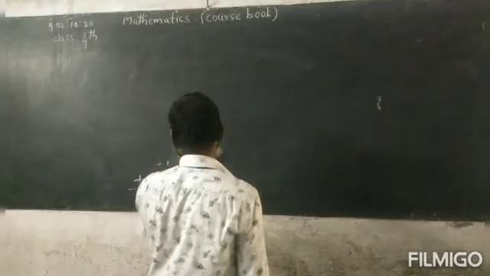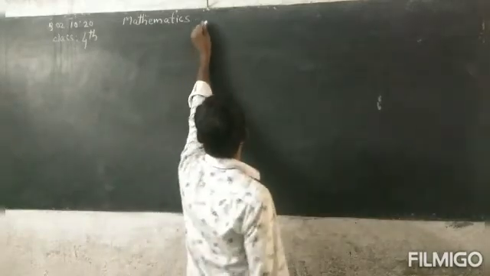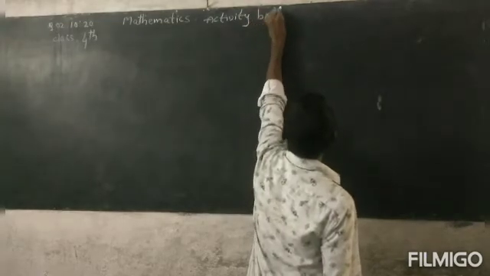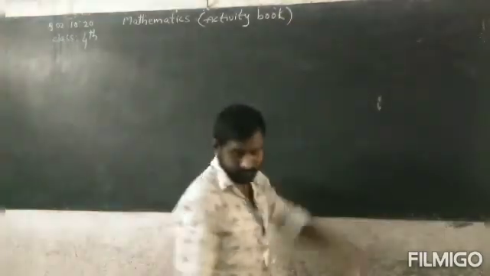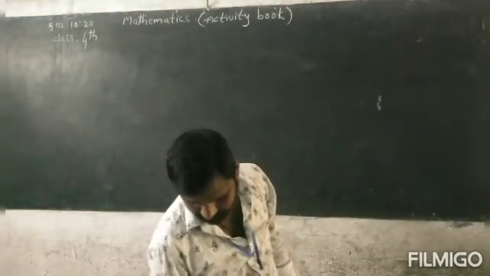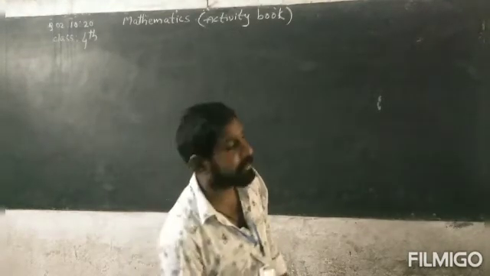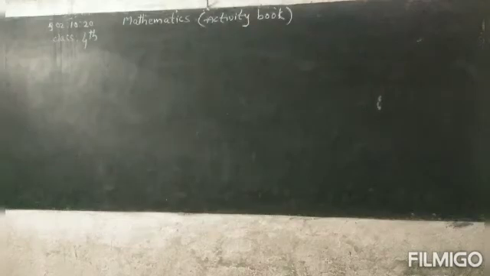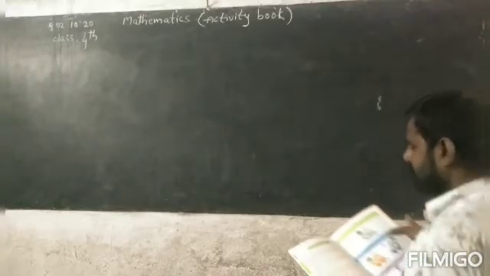Everybody open activity book. Activity book, page number 24, addition and subtraction.